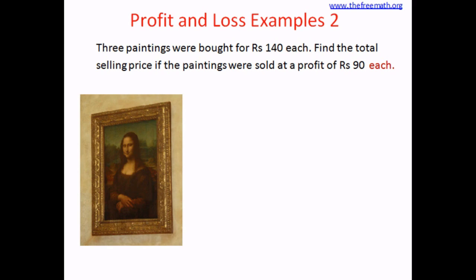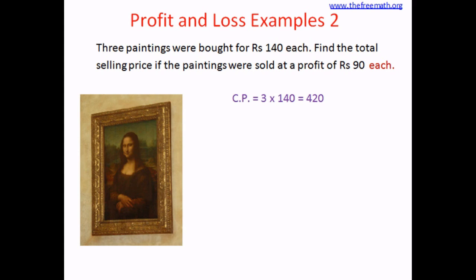See, in the previous problem, the profit was 90 rupees in total. In this example, the paintings are sold at a profit of 90 rupees each. That means the profit 90 rupees is there for each painting.